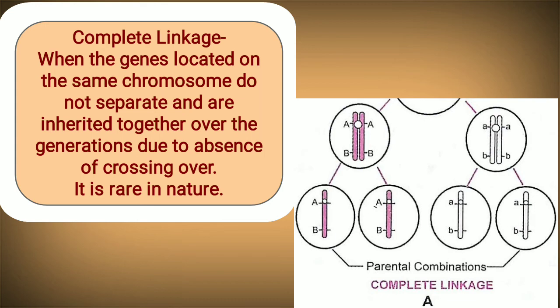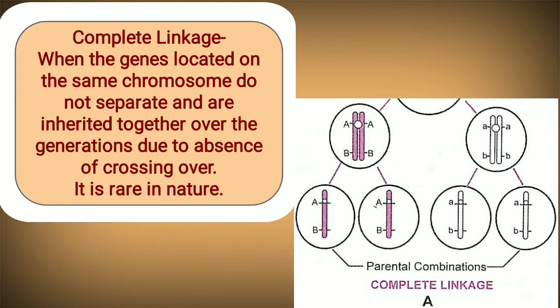There is another phenomenon that happens parallelly along with linkage. As we know, meiosis cell division takes place during the formation of the gamete, and during meiosis a very important mechanism takes place, called crossing over, where the chromosomal arms get exchanged.